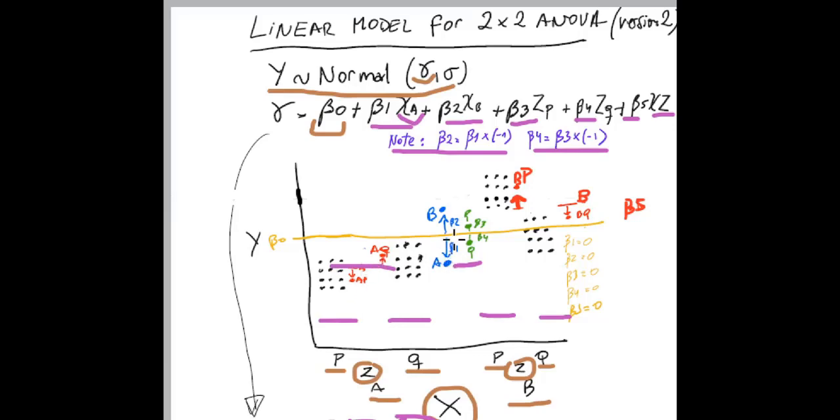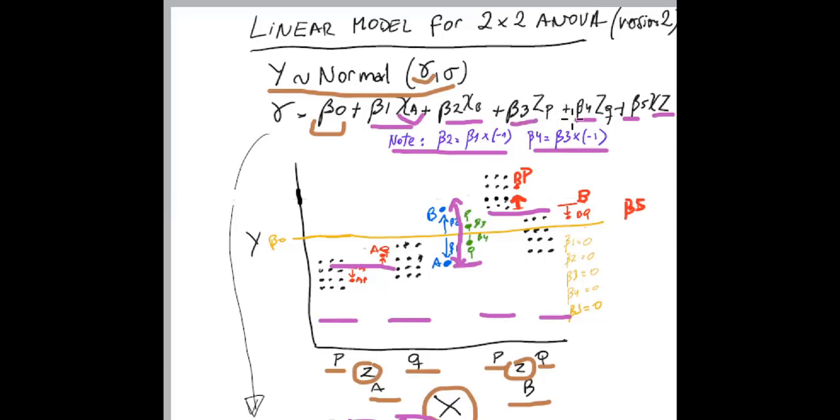So beta 1 is the distance between beta 0 and the mean of A. That's beta 1. And beta 2 is the same, but the distance between the mean total and the mean of the two B groups. That is more or less here. And the distance is exactly the same. So one is positive, the other is negative. So that is beta 2, and then we'll multiply by XB.